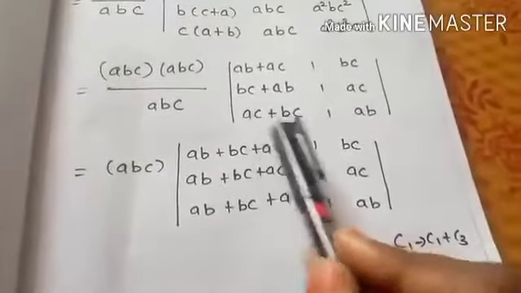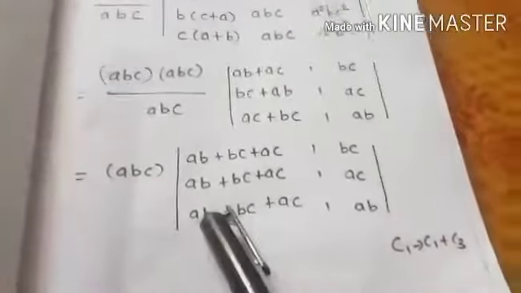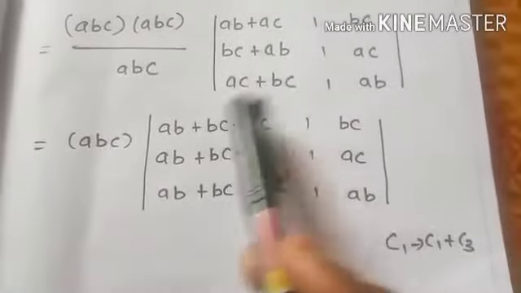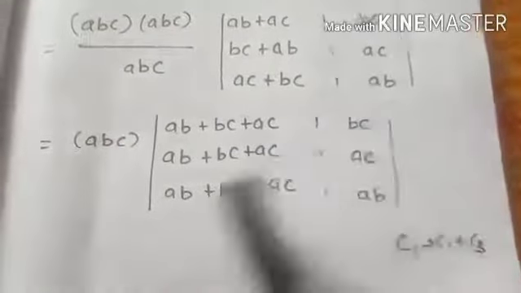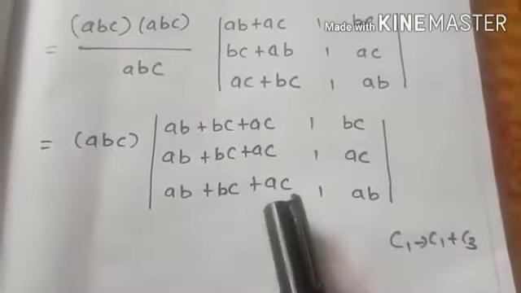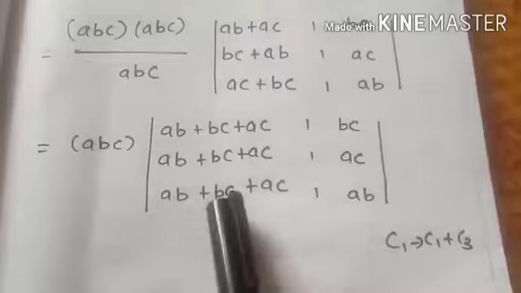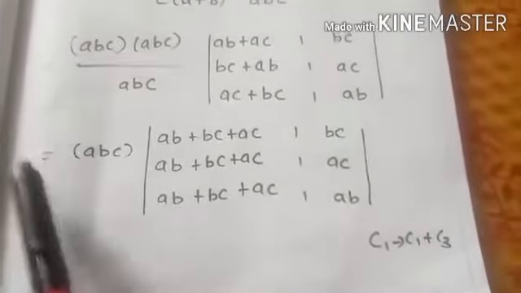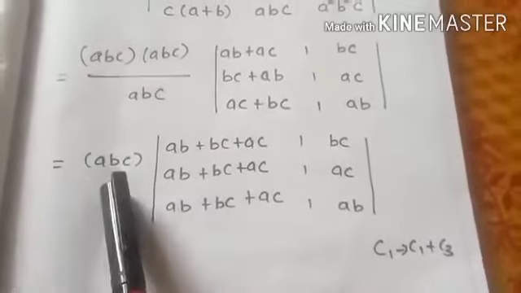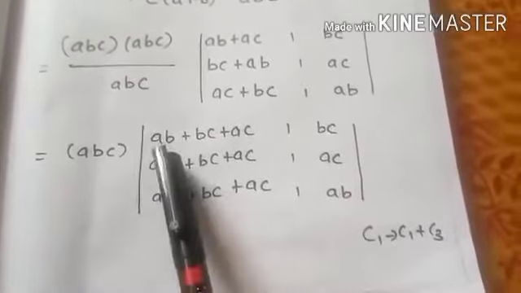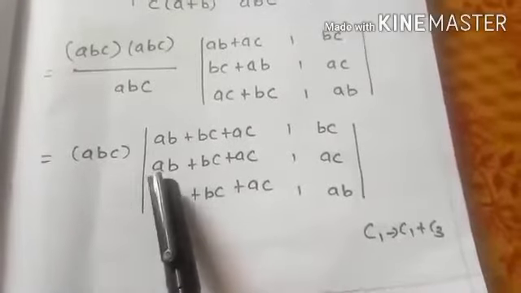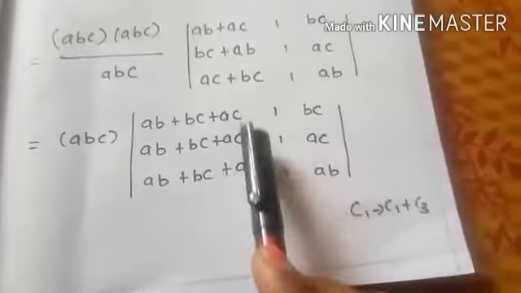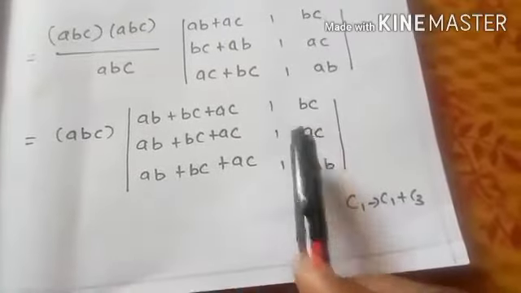Third element: ac plus bc plus ab, that is ab plus bc plus ac. Therefore the determinant is equal to abc into the determinant of ab plus bc plus ac, ab plus bc plus ac, ab plus bc plus ac; 1, 1, 1; bc, ac, ab.